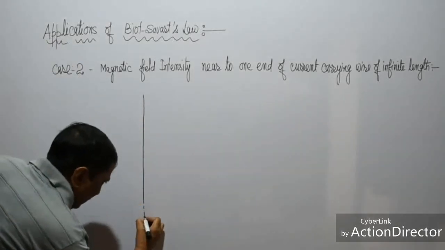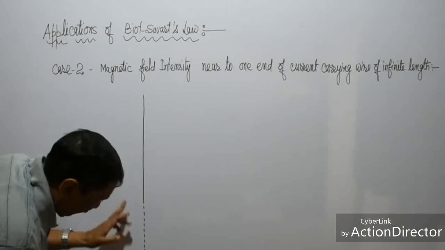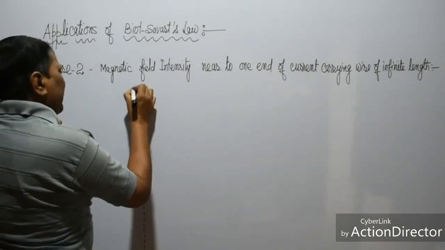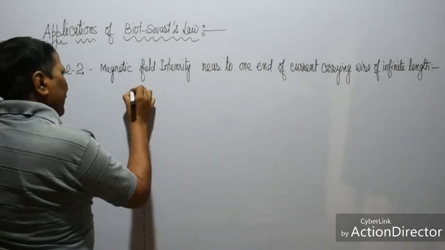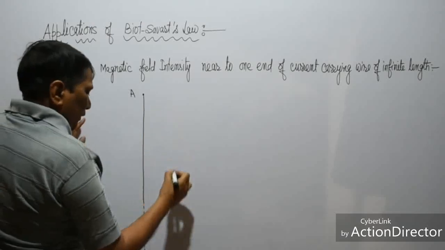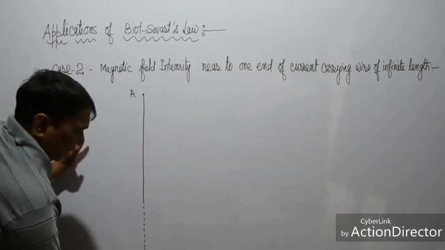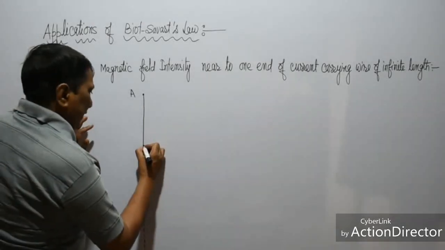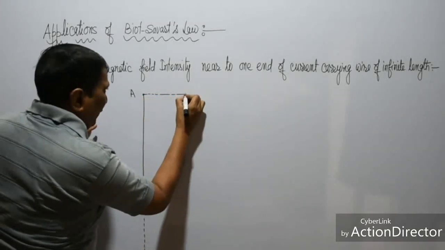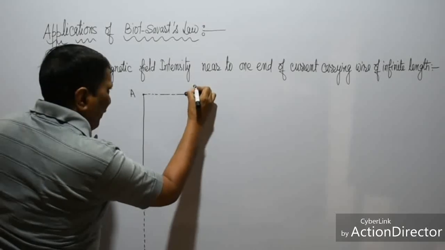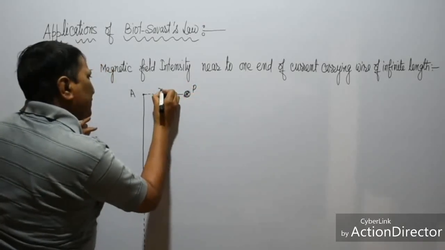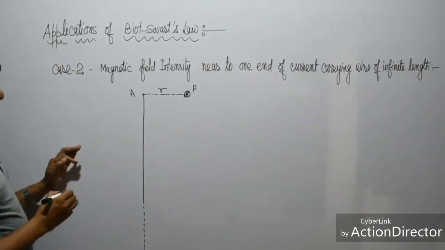This end goes to infinity. This end is known, suppose it is the end A. That is, we have to find the magnetic field intensity at point P. This is point P, and this distance is now small r.